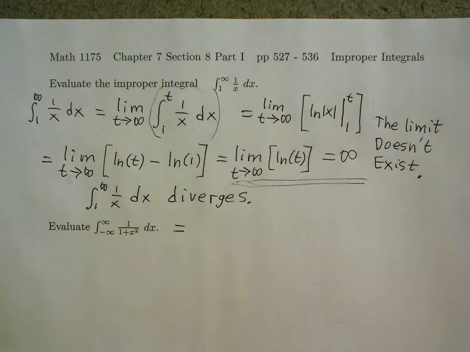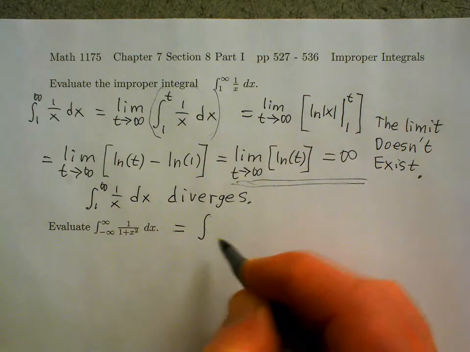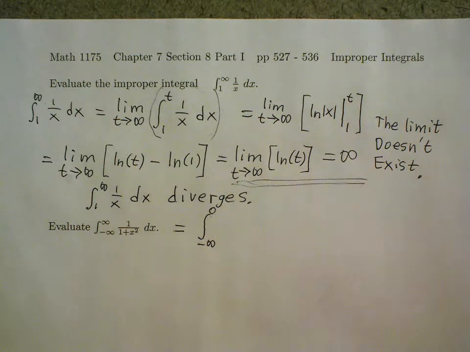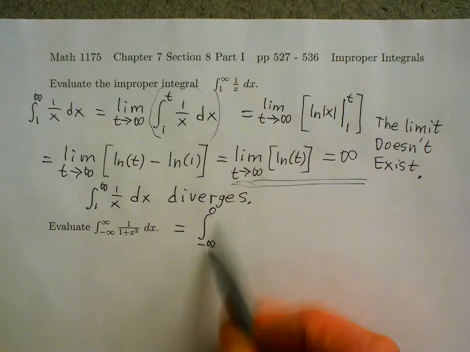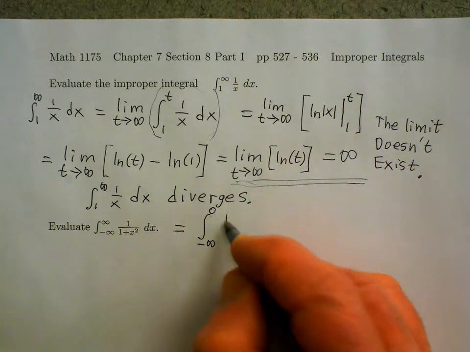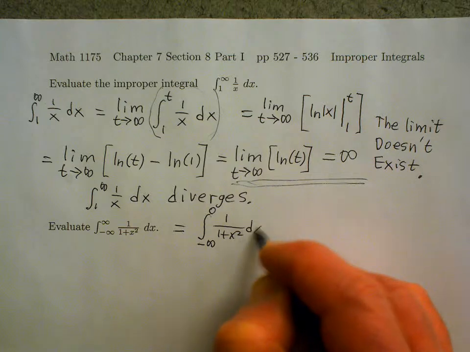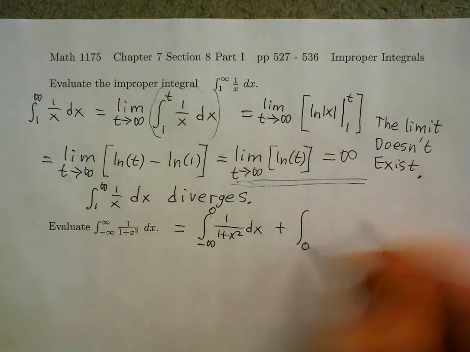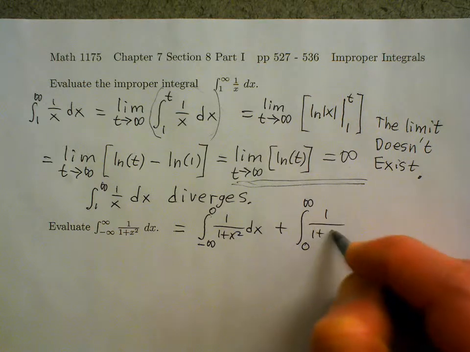So with that in mind, picking 0 as the value of a, so the improper integral from negative infinity to 0 of 1 over 1 plus x squared dx, and then plus the improper integral from 0 to infinity of 1 over 1 plus x squared dx.